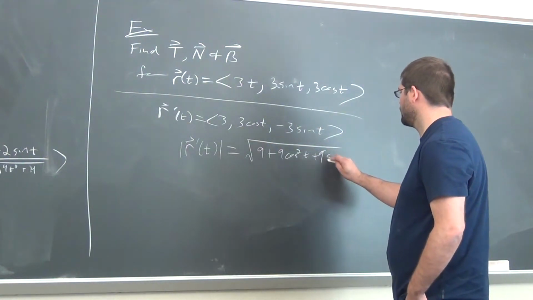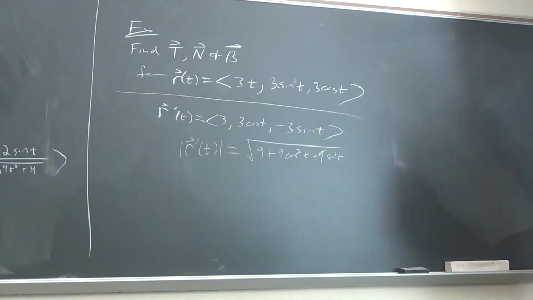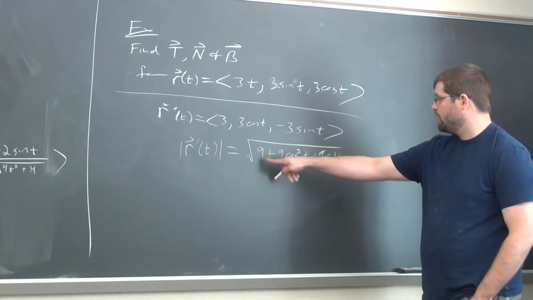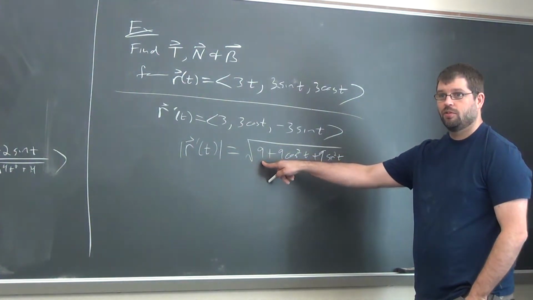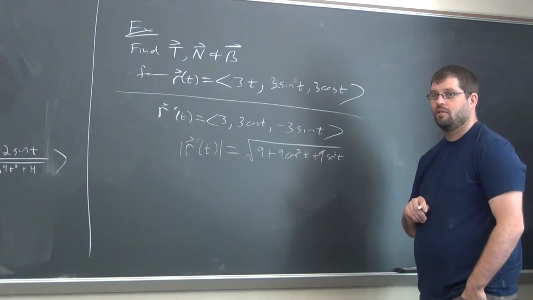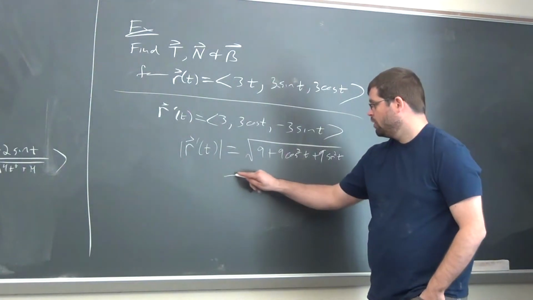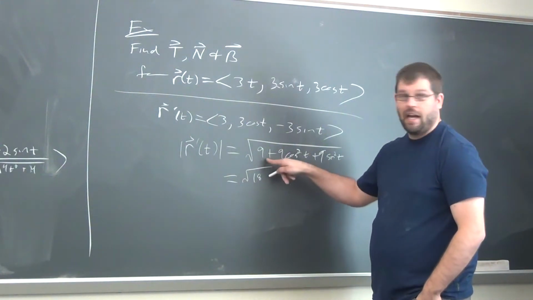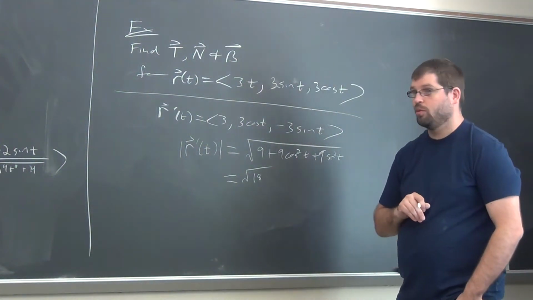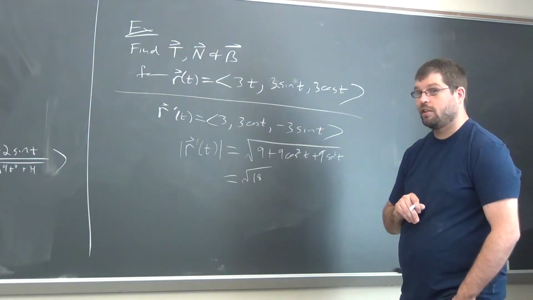So you end up with that for your r prime, hopefully, and then your magnitude is this, and what's that simplify down to? 3 times root 2. Okay, good. So square root of 18, right? You get a 9 and then another 9 from the 9 cosine. And if you want to simplify it to 3 root 2, that's fine. If you want to leave it like that, that's fine as well.